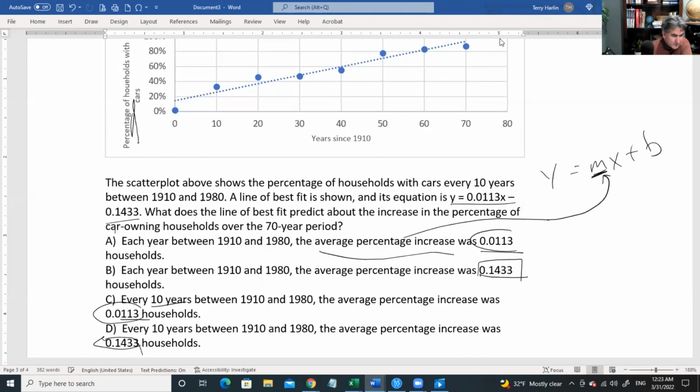In other words, I'm looking for this number right here, and that means I'm looking for the answer choices that have it, which are A and C. Now the difference in these two is that A talks about each year, this talks about every 10 years. Well, the graph shows every 10 years. That doesn't matter.